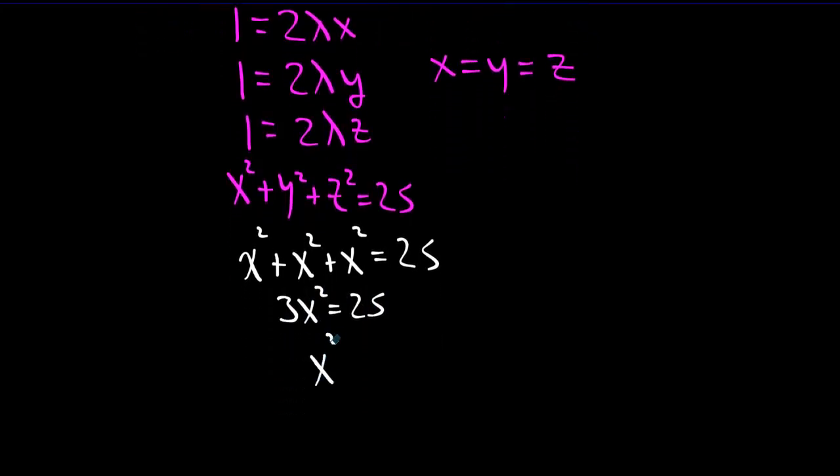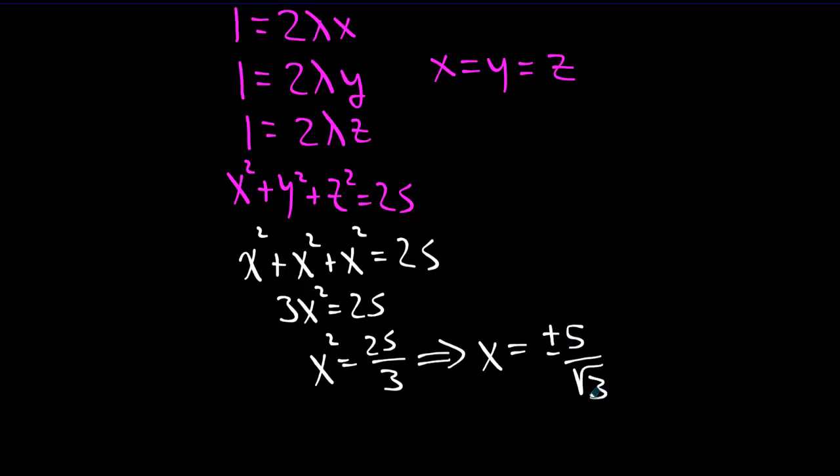And that means that x squared equals 25 over 3, which means that x is equal to plus or minus 5 over the square root of 3.